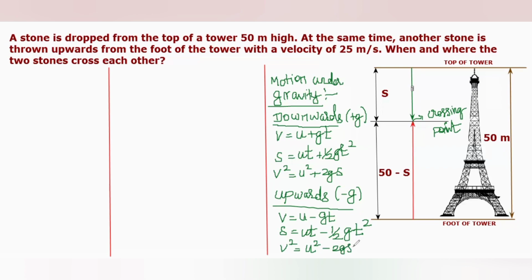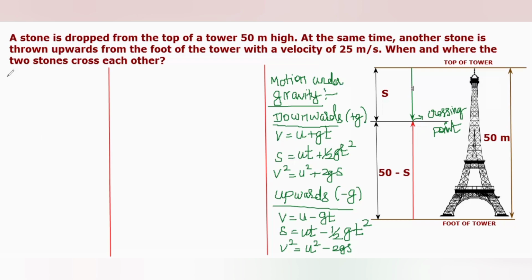This topic belongs to motion under gravity. When the object is dropped downwards in free fall, it is plus g; when the motion is upwards, it is minus g. These equations I have written here for reference.